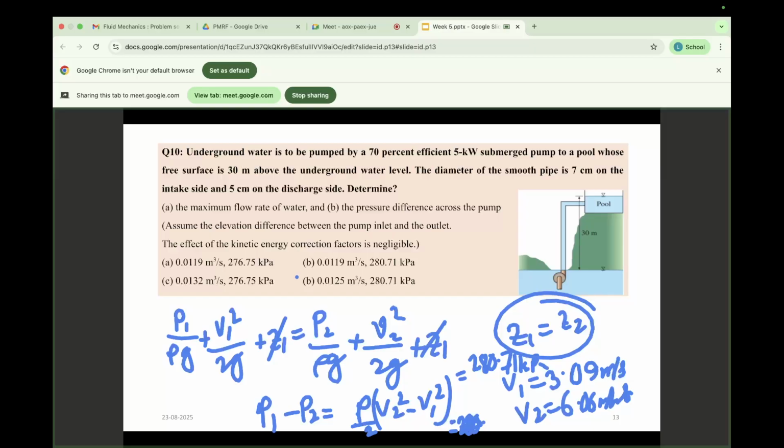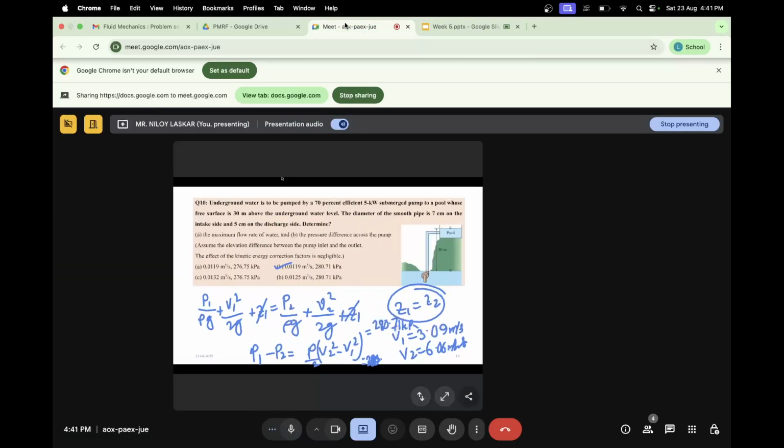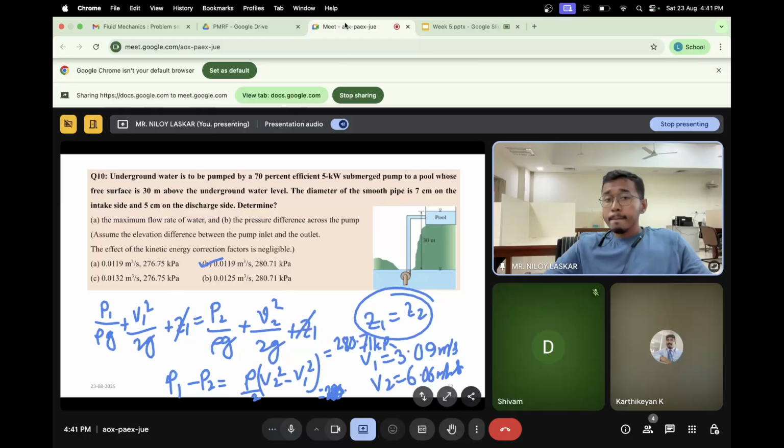So the correct option is option B. So I think you understand this concept. So please let me know if you have understood this one or not.